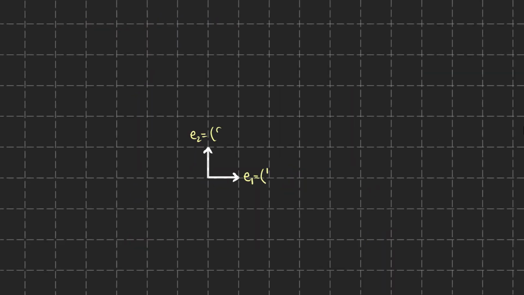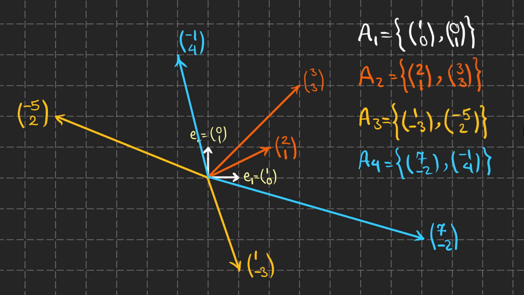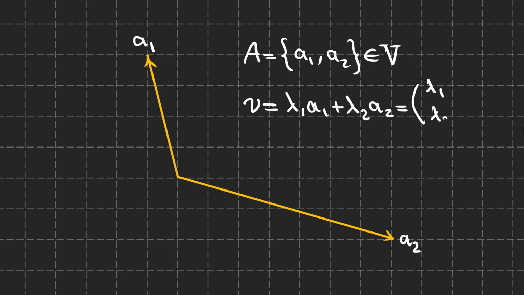So, this is a standard basis for this two-dimensional vector space, but these are also different sets of bases in this two-dimensional vector space. Each of these sets of bases can generate all the other vectors in this vector space. So, in case of two-dimensional vector spaces, when we have two linearly independent vectors, which are two elements of the vector space itself, we can write any other vector in this vector space as a linear combination of these two basis vectors.